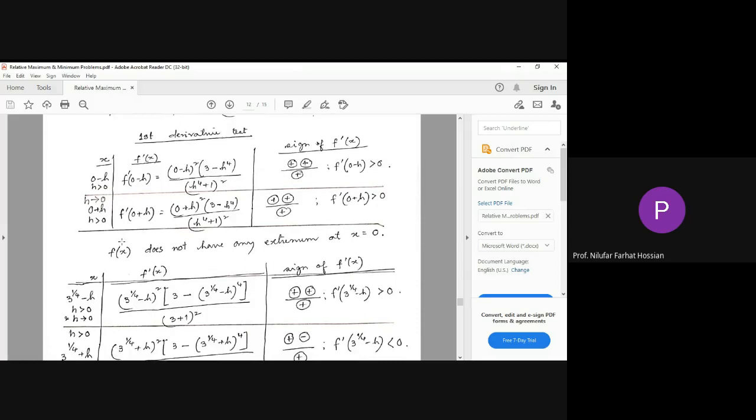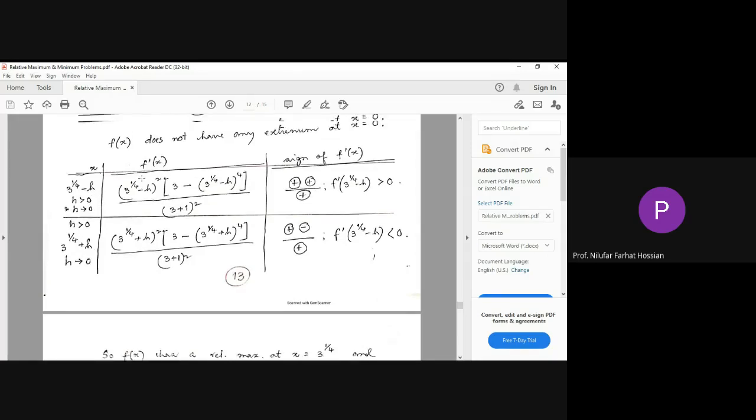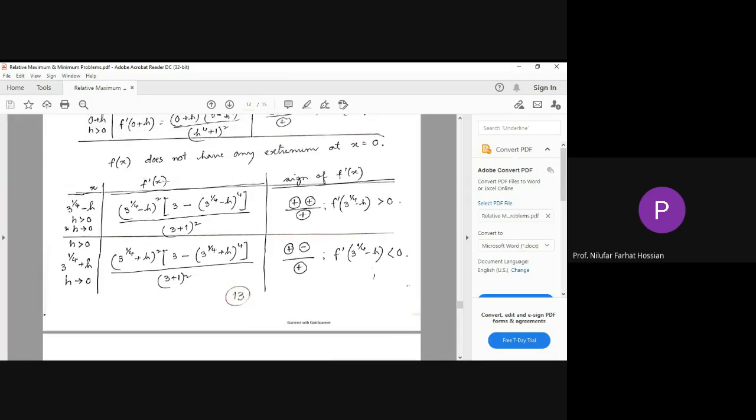Okay, now you test for 3 to the power 1 by 4. 3 to the power 1 by 4 minus h and 3 to the power 1 by 4 plus h. So after putting the values of this x in the derivative of the function, 3 to the power 1 by 4 minus h whole square, 3 minus, there was x to the power 4, so 3 to the power 1 by 4 minus h whole to the power 4.